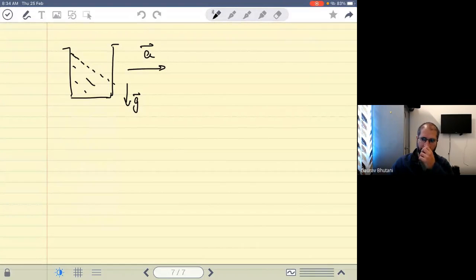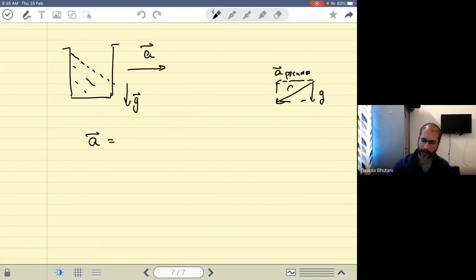So what we do is we consider the non-inertial frame of the glass, and then we consider the pseudo force. Since the acceleration is to the right hand side, the pseudo force is on the left hand side. So we will say that the net acceleration will be, well, this is my A pseudo, and this is my gravity.